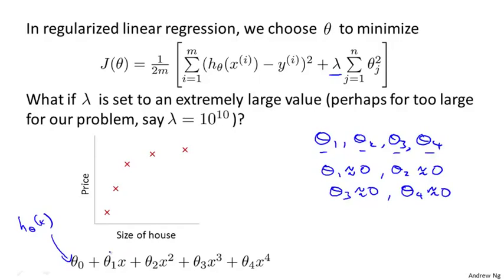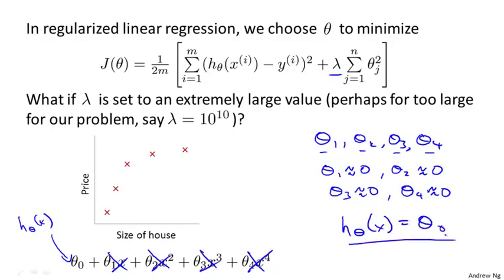And if we do that, it's as if we're getting rid of these terms in our hypothesis, so that we're just left with a hypothesis that looks like that. It says that housing prices are equal to theta 0, and that is akin to fitting a flat horizontal straight line to the data.